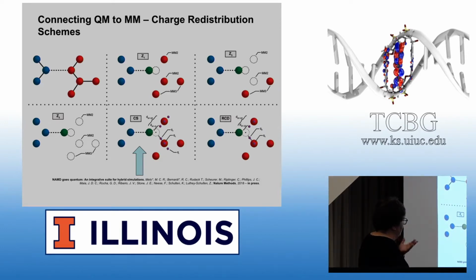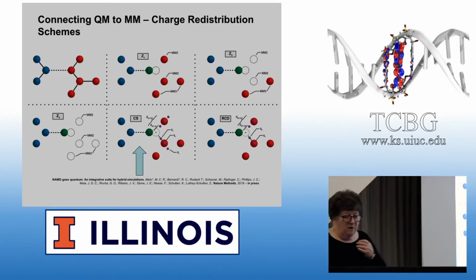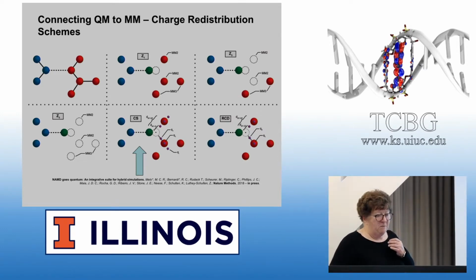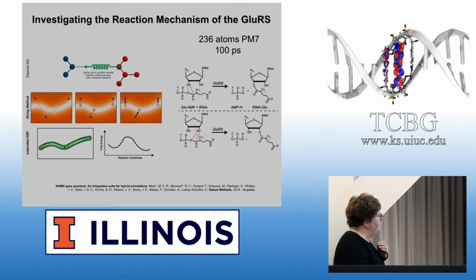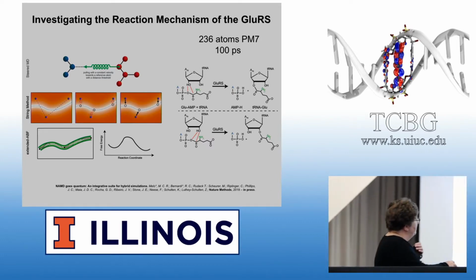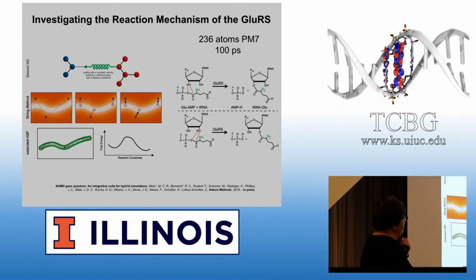So I think we offer 1, 2, 3, 4, 5 different methods there. This is the one that was chosen in the paper for the simulation on the synthetase. And as I said, we investigated then these various scenarios, having the amino acid be added to the 2' or the 3' group.